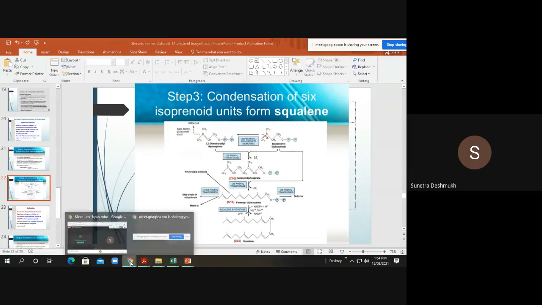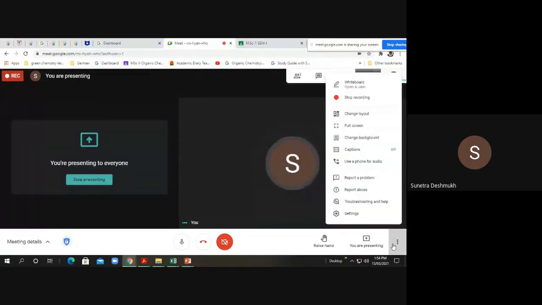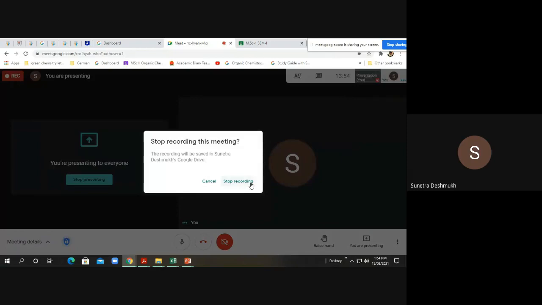Now we will see how to convert this squalene to cholesterol with the help of enzymes.